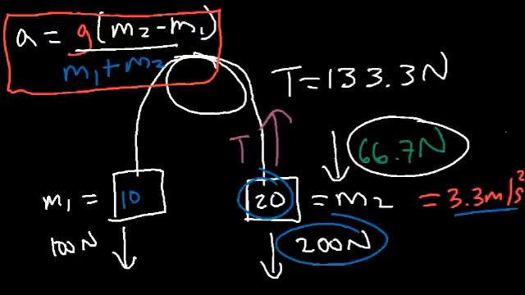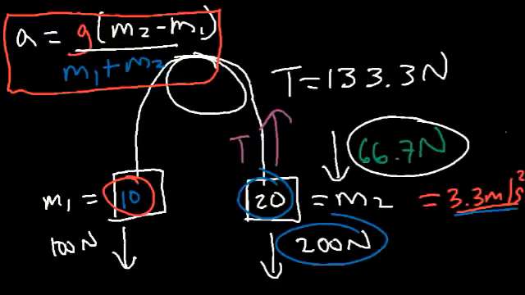Now what about the other block? What is the net force? The net force is the mass times the acceleration, 10 times 3.3, which is about 33.3. Now, is the net force in the upward direction, or is it in the downward direction?